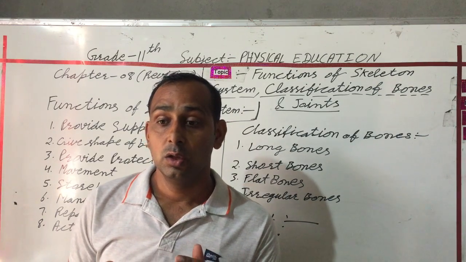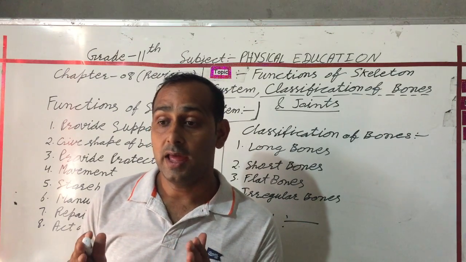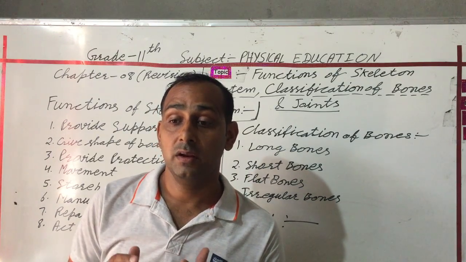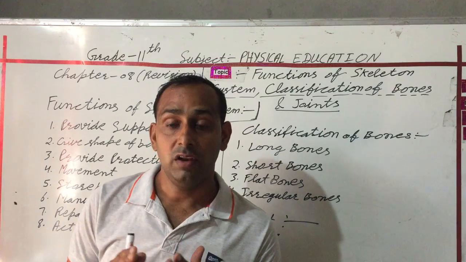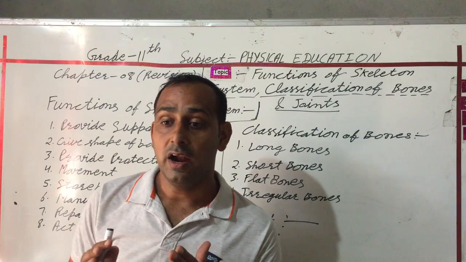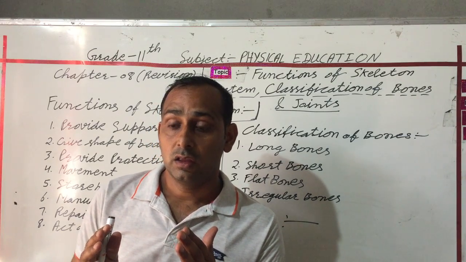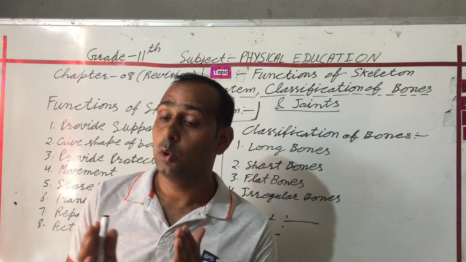Next is condyloid joint. These joints allow angular movement in two different directions. For example, the wrist joint; movements of the joint include flexion, extension, adduction, abduction and circumduction but no rotation.